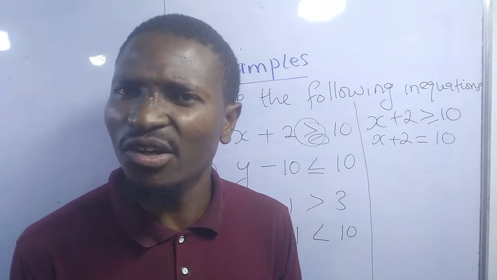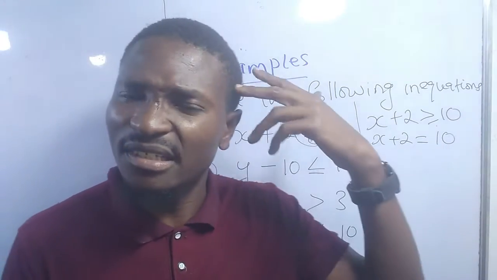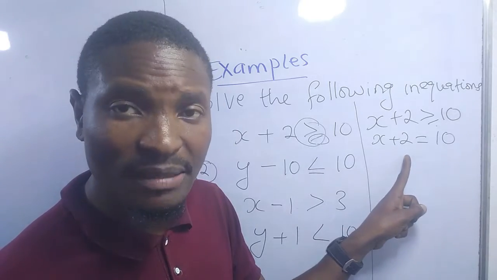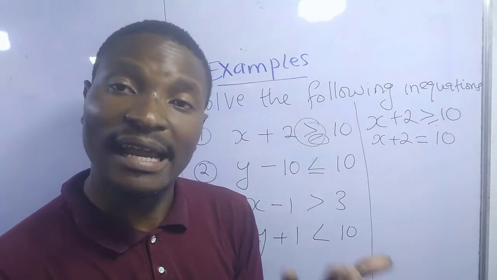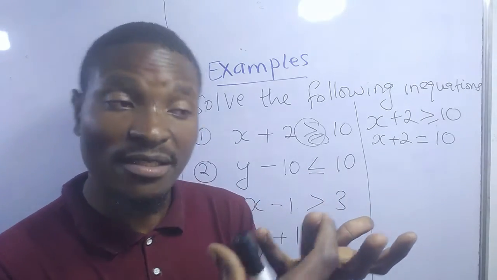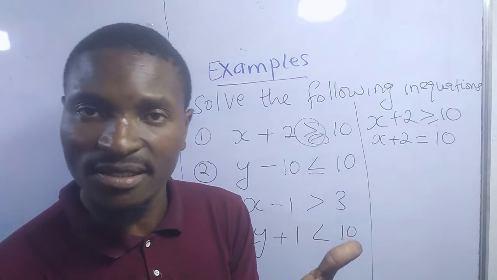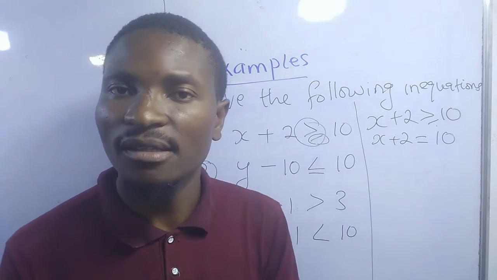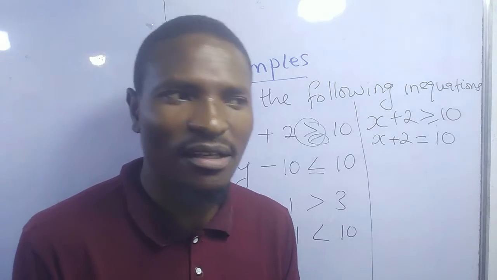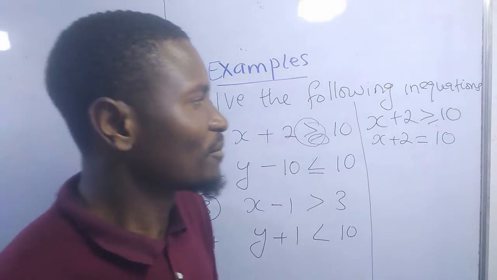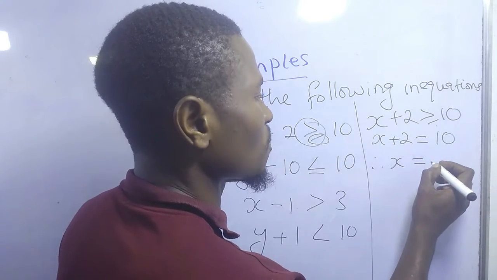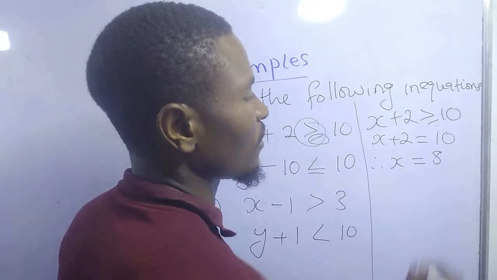You can think of a number logically in your head. x is a number that when added to 2, or 2 is added to x, you should get 10. So what number is that? 8 plus 2 gives me 10, so therefore x equals 8.